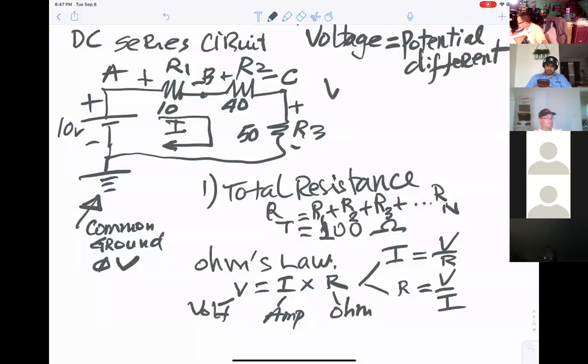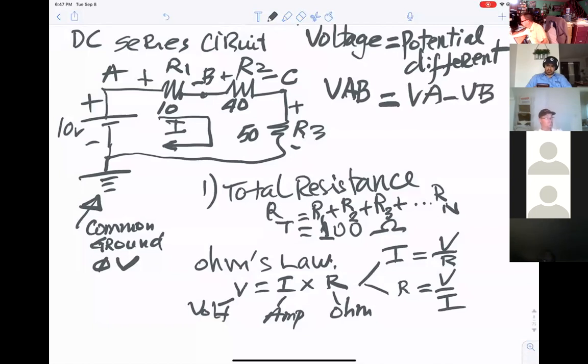If you get VAB, that means the voltage from A to B. By basic definition, it is VA minus VB.